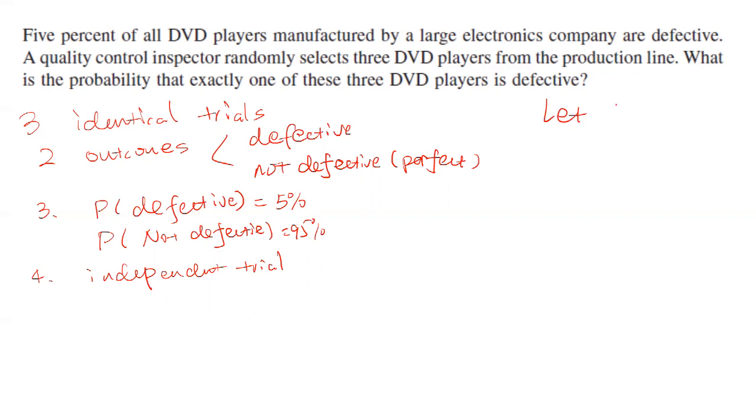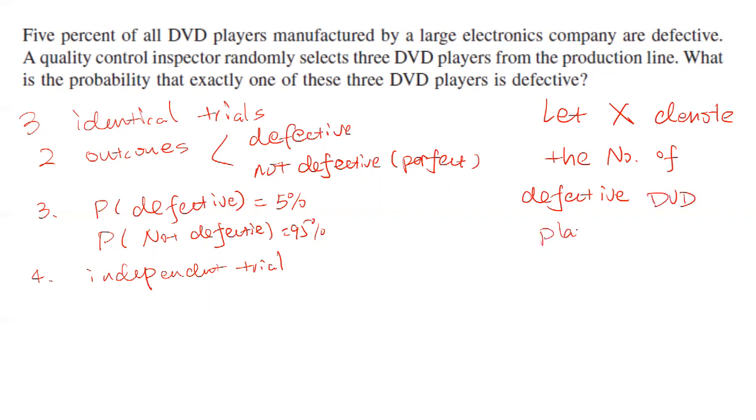Usually we use uppercase X. Let X denote the number of defective DVD players in the chosen 3. Then according to our analysis, X apparently follows a binomial distribution, right?